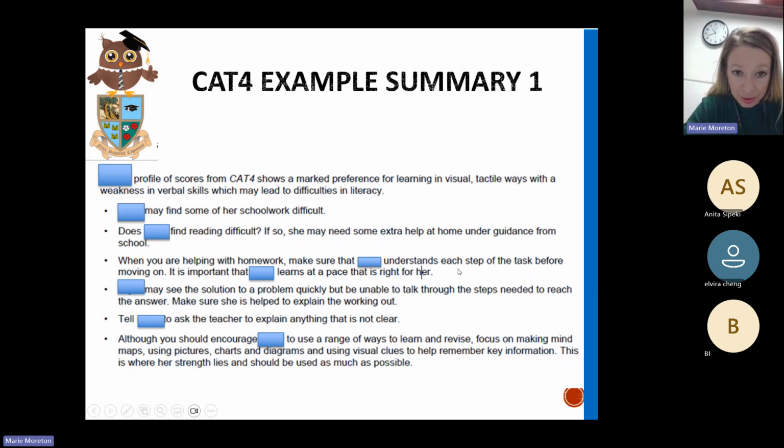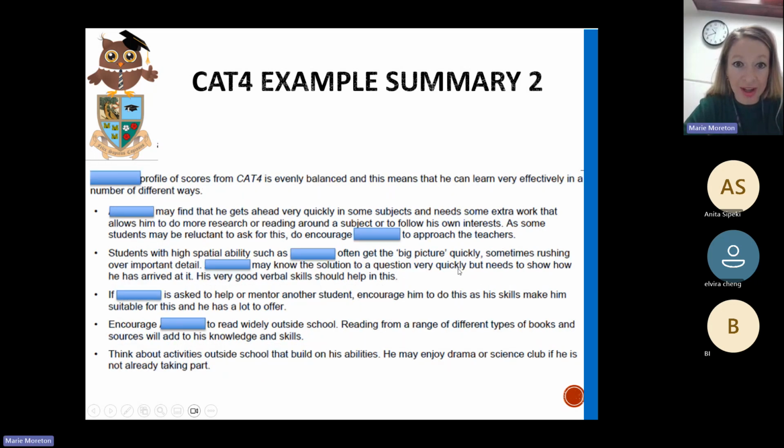Let's move on to this one. This is an evenly balanced profile, but it still gives some good advice on what you can do to support your child. Often it will advise you to do things like read widely outside of school.